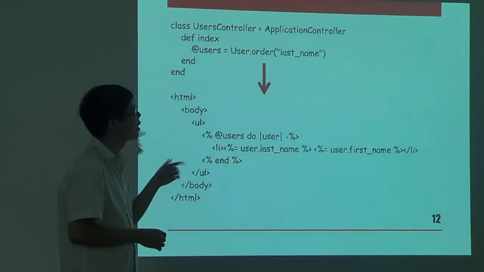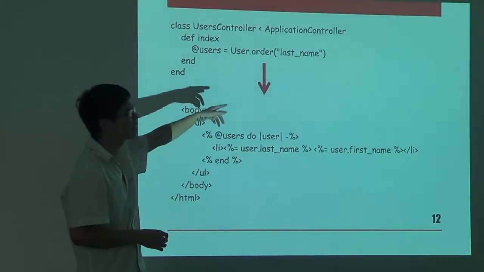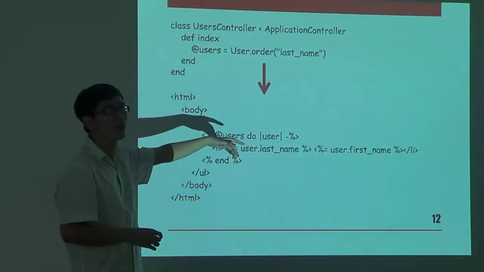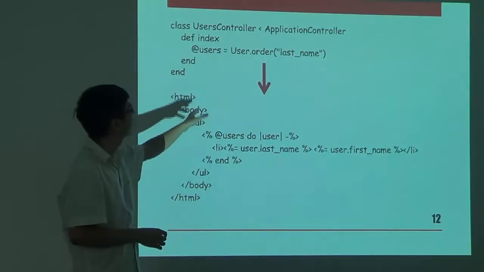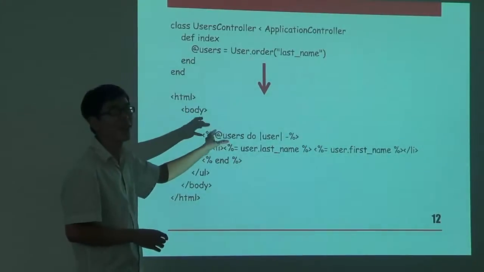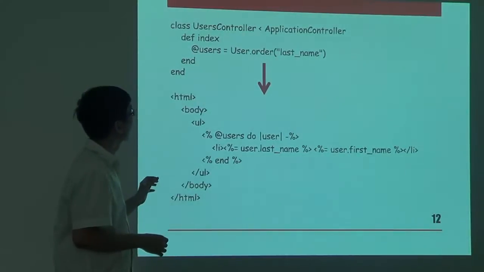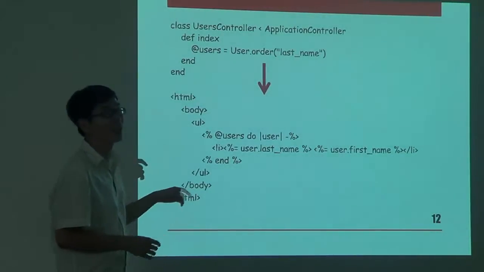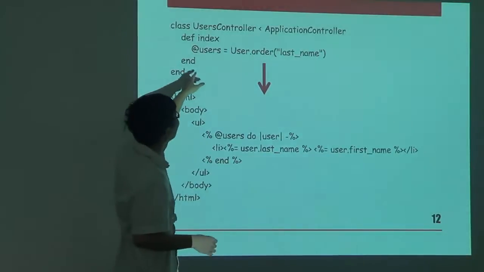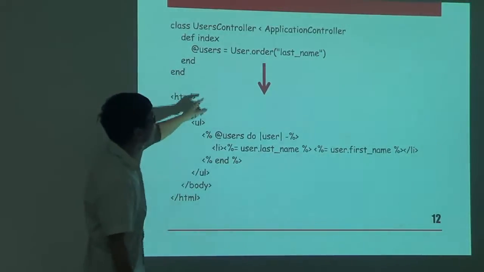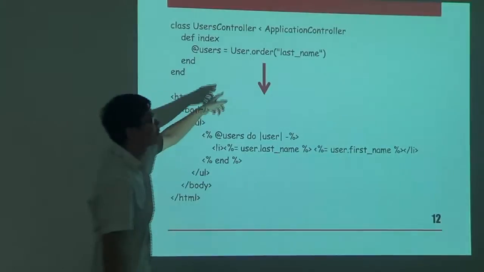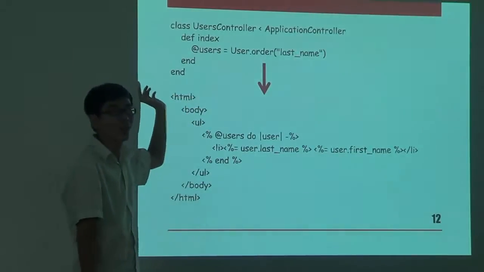For example, when we change the last name to another name, we have to find on the controller where it is defined, and change it to the new name. So that is not good. When we have a situation like this, we should move the facts that belong to the model to the model itself.